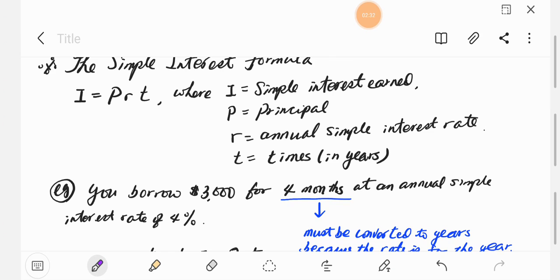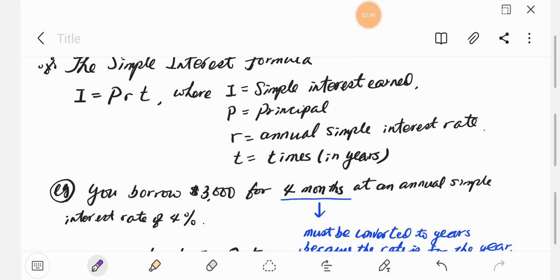The interest computed on the original principal is called the simple interest. So you get the interest based on the original principal.